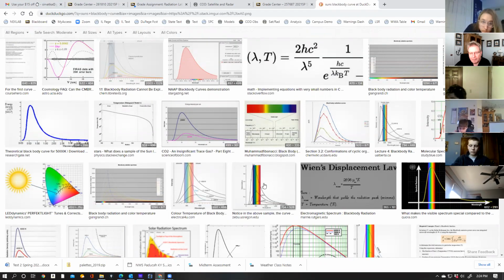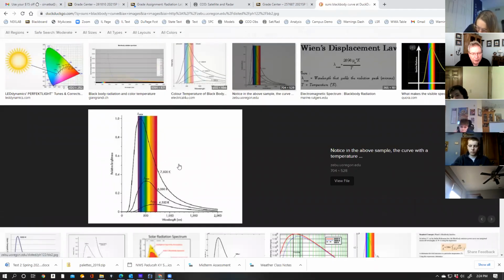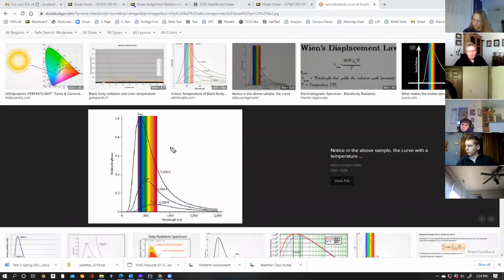Well, this is not bad. That's the sun's black body curve. Right, there's the sun's black body curve, because the sun's around 6,000 kelvin. So there it is.